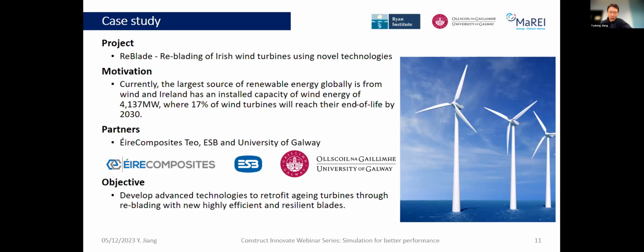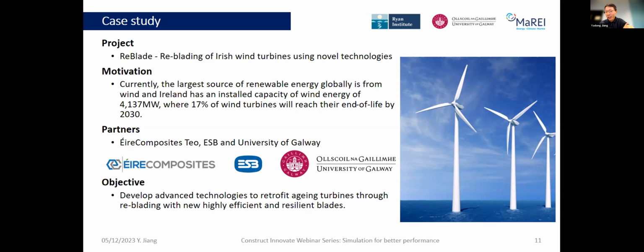So that means the wind turbines installed back in the early 2000s will reach their end of life shortly. To extend their life, one option is to replace the old blades with newly designed ones to make the turbine continue to generate energy.